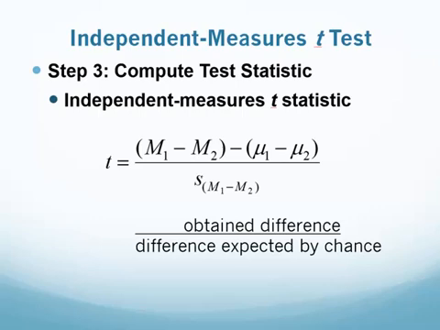Now again, this might look a little complex, but if we consider it in its parts, it's really just an extension of an idea that we learned in chapters 8 and 9, right? So let's describe what this means. In the numerator of this test statistic, we're looking at an obtained difference between the actual difference between our two sample means and the hypothesized difference between our two population means. Again, this isn't as scary as it looks.